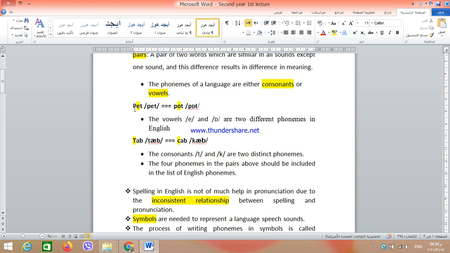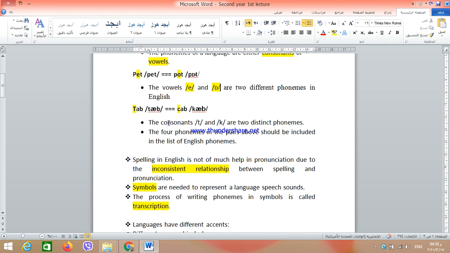You can see that these two words are similar in terms of the initial consonant and the last consonant, but the vowel is different. And this difference in vowel causes a difference in meaning, because pet is something and pot is something else. So we can conclude from this example that these two sounds are two distinct sounds.